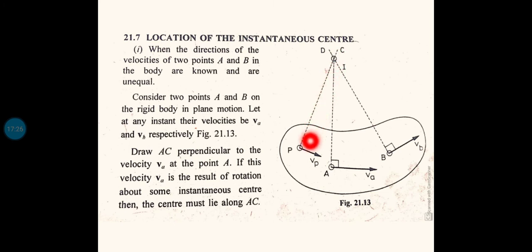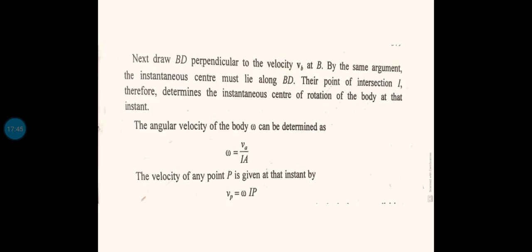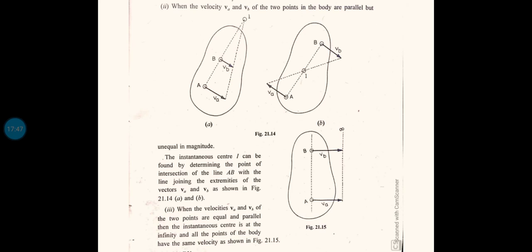Now I can join a line from I to P. So Ip will be the radius for this velocity Vp. If you draw a perpendicular line to Ip, that will be the direction of the velocity Vp. Everything is possible. You can take it in the reverse order also. So that is the method to identify the instantaneous center.